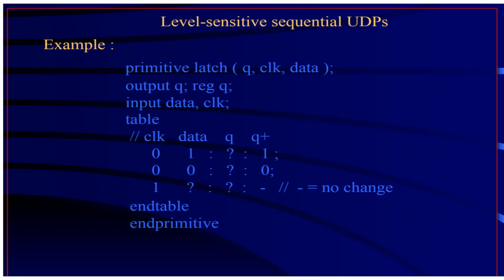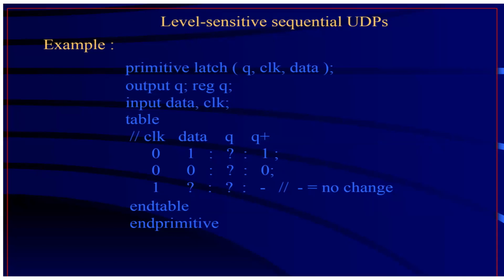What is the output? It is Q. As in sequential circuits, we know the outputs are always registered. So this Q is always registered.